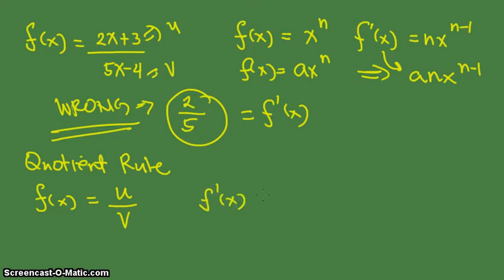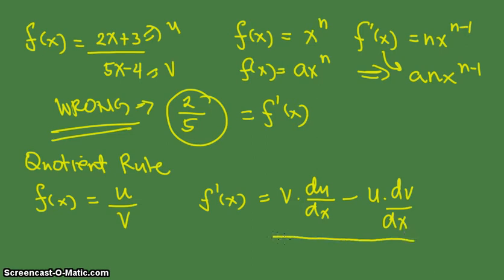The derivative of a ratio of two expressions is the v, the one below, multiplied by the derivative of the numerator, du over dx, and then subtract the u multiplied by the derivative of v with respect to x, all divided by the denominator squared.